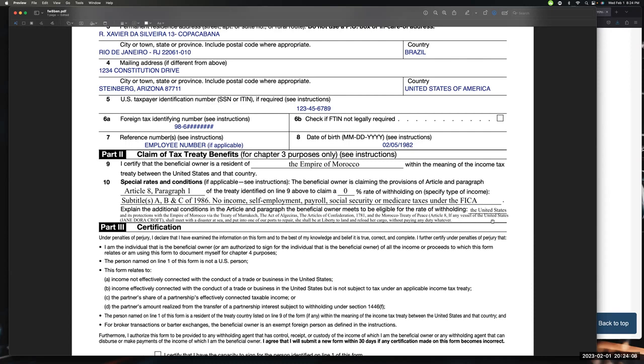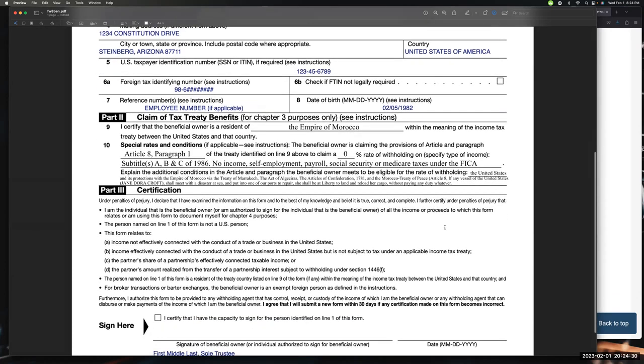If any vessel of the United States, which is Jane Dora Croft, shall meet with a disaster at sea and put into one of our ports to remain, she shall be at liberty to land and reload her cargo without paying any duty whatsoever. All right.